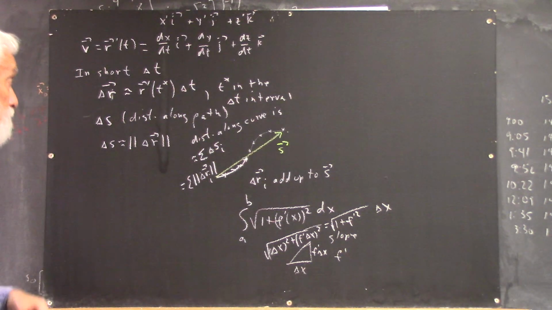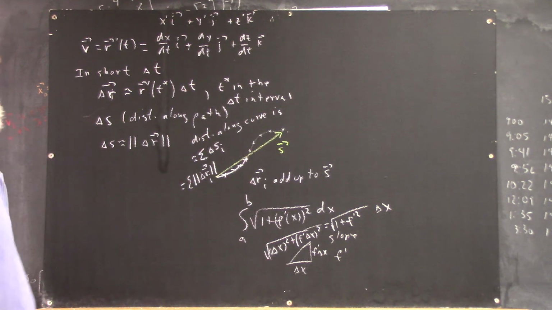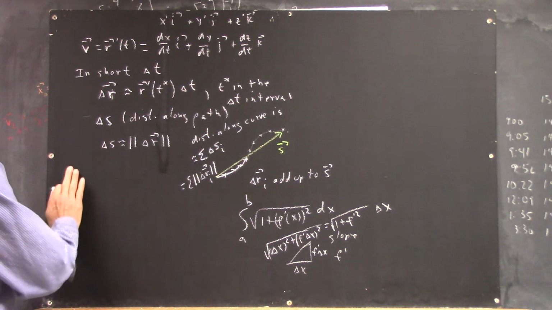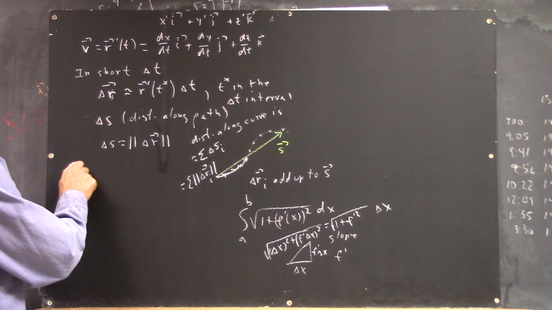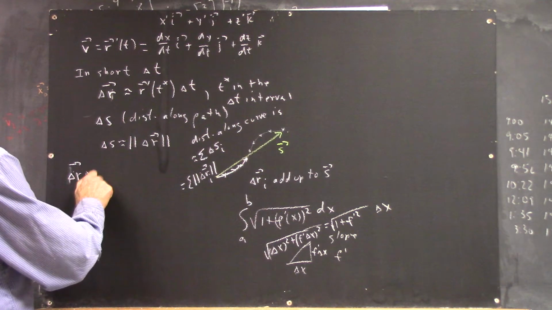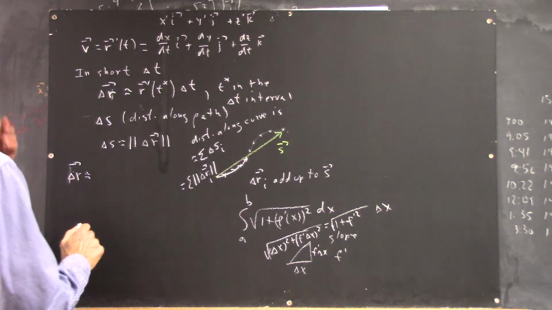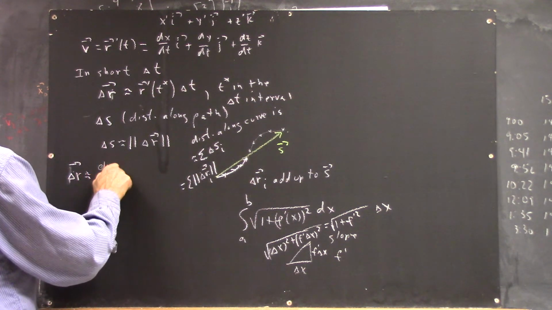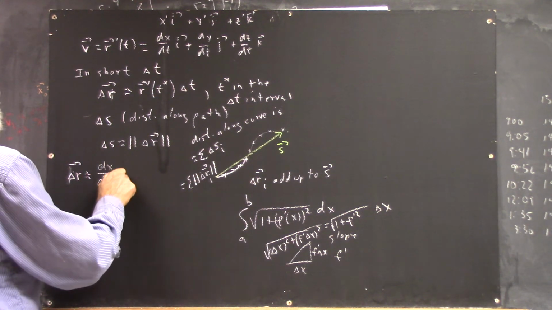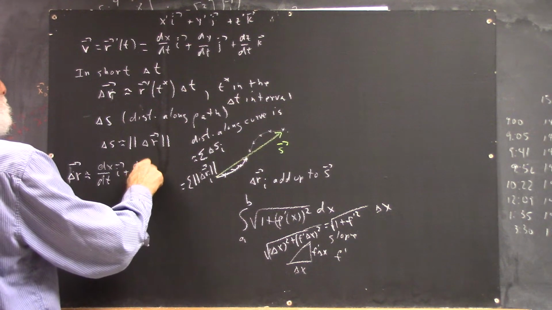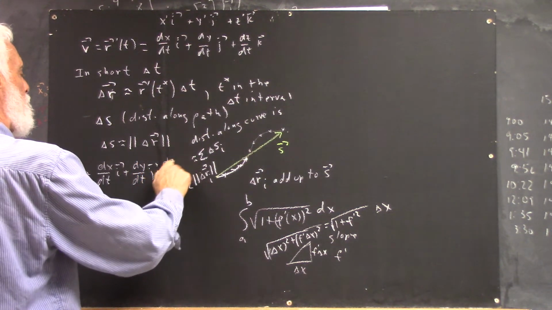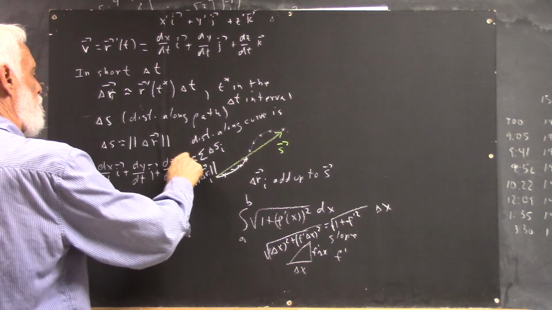So that's basically, well, what is that? Your delta R is approximately equal to R prime of t delta t, right? What's that? That's this.